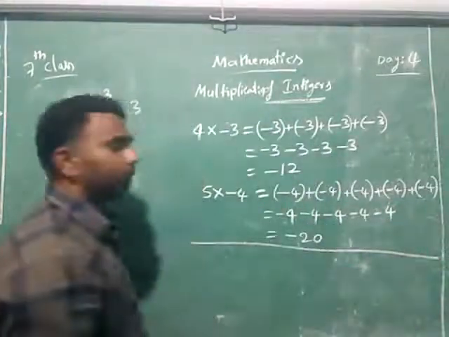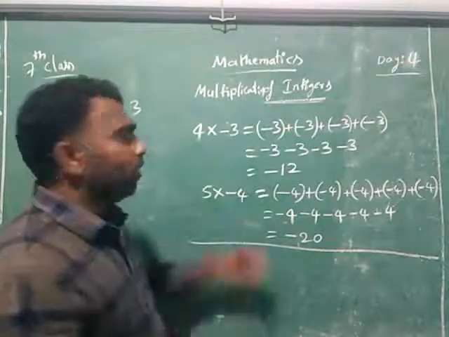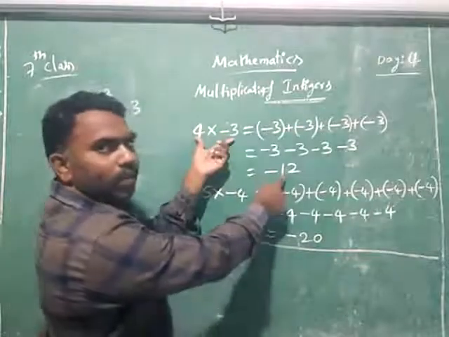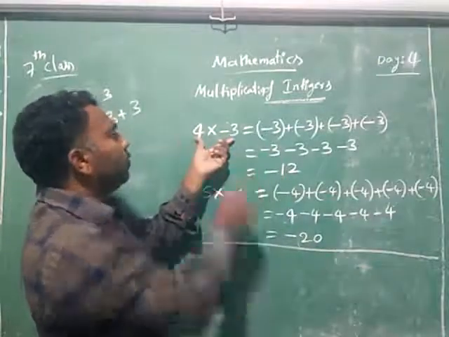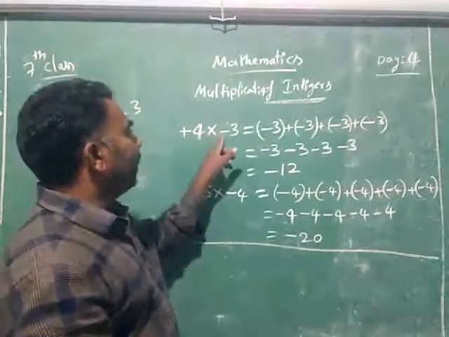Listen carefully. Simple. You see here, 4 into minus 3 is there. How will I say the answer? 4 3s are 12. Sorry, before that we use the multiplication symbols. This is plus, you think, plus and minus.